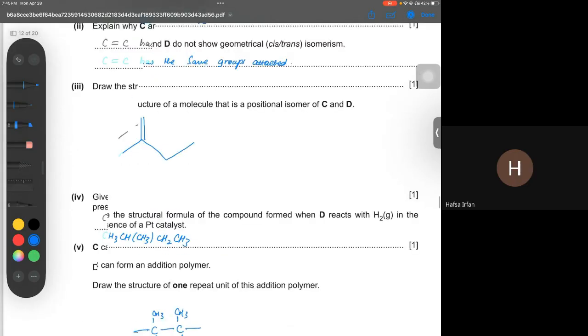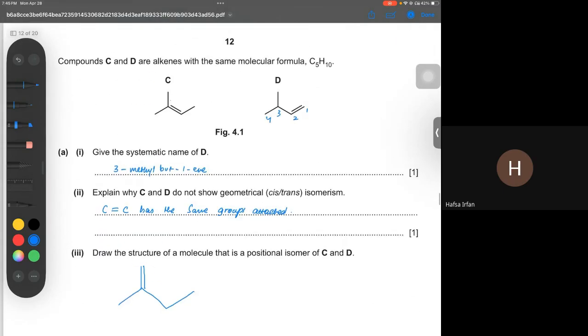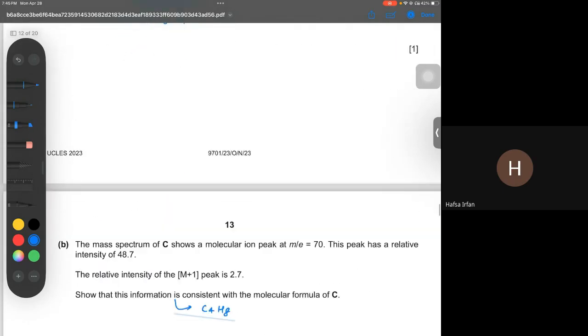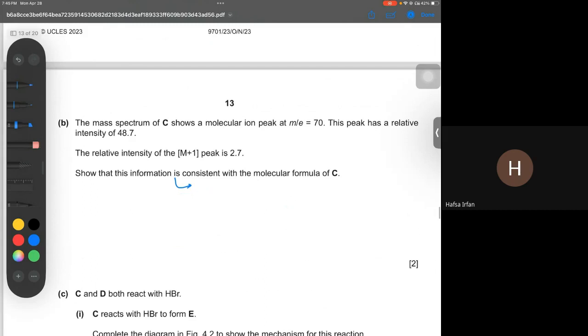Am I right? No, five carbon. One, two, three, four, five carbon atoms. It's C5 and H10.